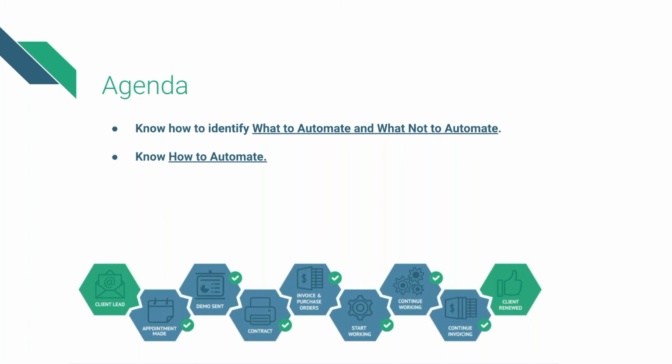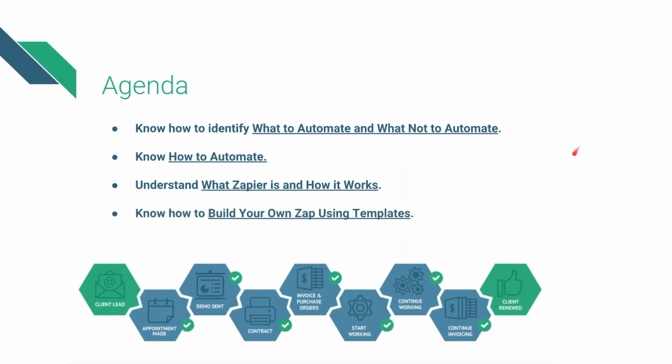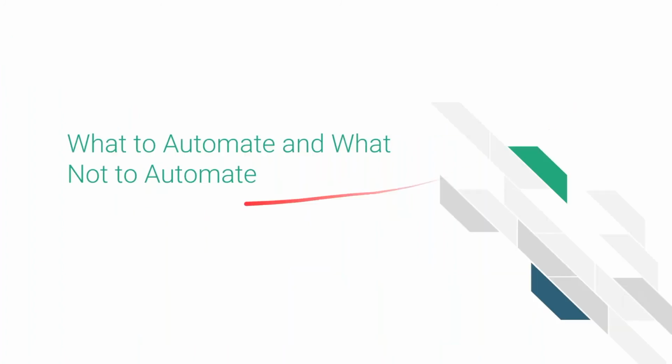We're specifically going to focus on Zapier, understanding how it works, what Zapier is, and then we're actually going to go through some Zapier templates with you. So we're going hands-on today. Let's get to our first question: what to automate and what not to automate.